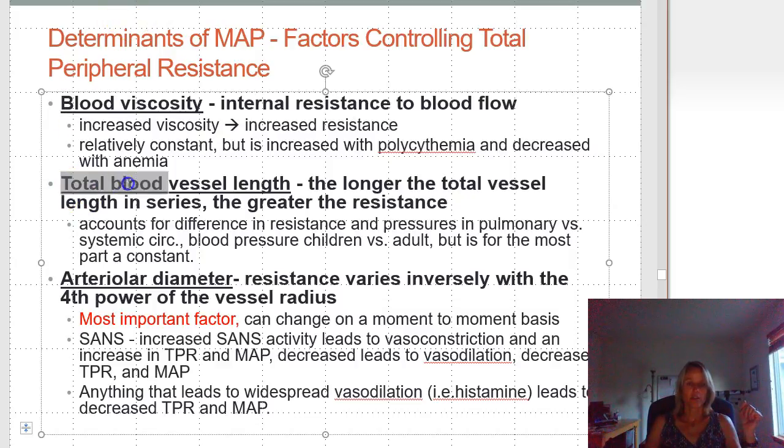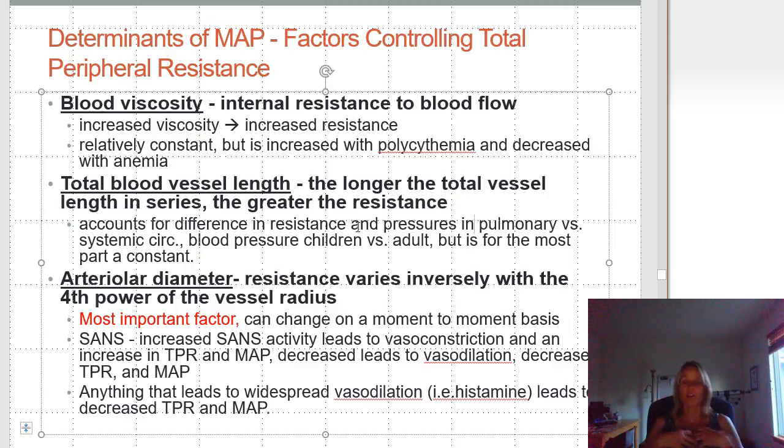The next factor is the total blood vessel length. And what we're saying here is the longer the total vessel length in series, the greater the resistance. For instance, if we look at the difference of the resistance between the systemic circulation, which has a whole bunch of blood vessels in series, because we have to go from the heart all the way to the toes, to the fingers, throughout the body, versus the total blood vessel length in the pulmonary system.